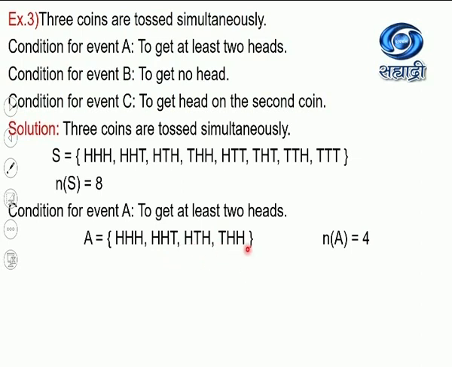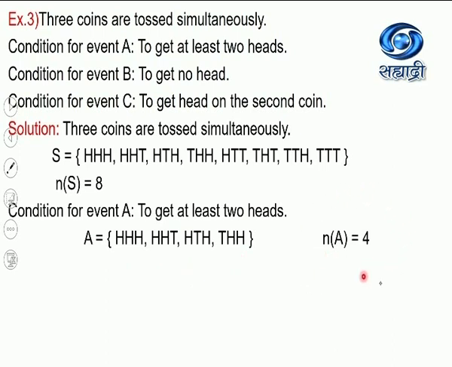If you observe all the sample points, they have minimum 2 heads. More than 2 is acceptable, so I have taken HHH here. Therefore, there are 1, 2, 3, 4 sample points.